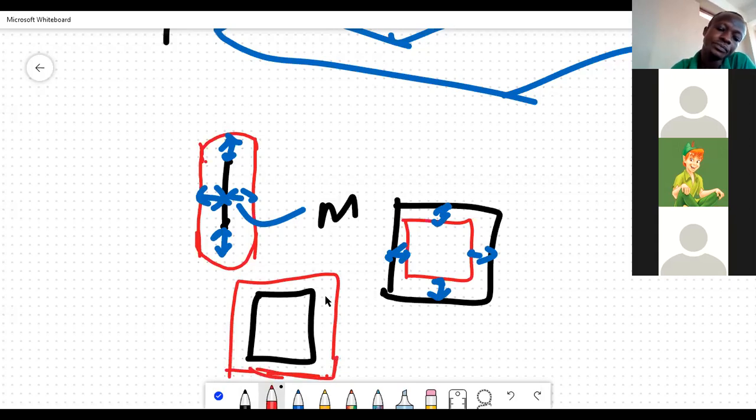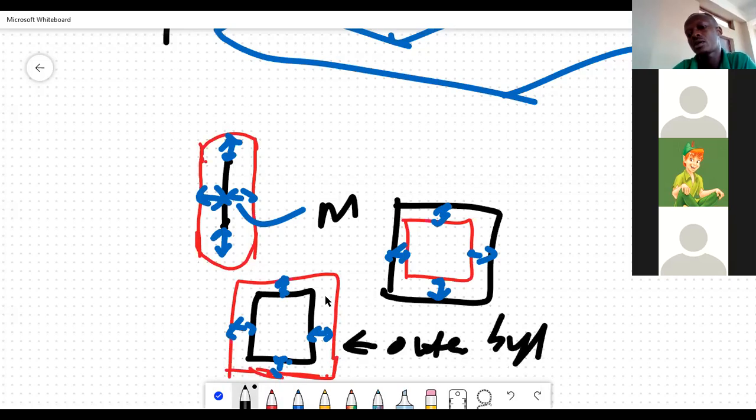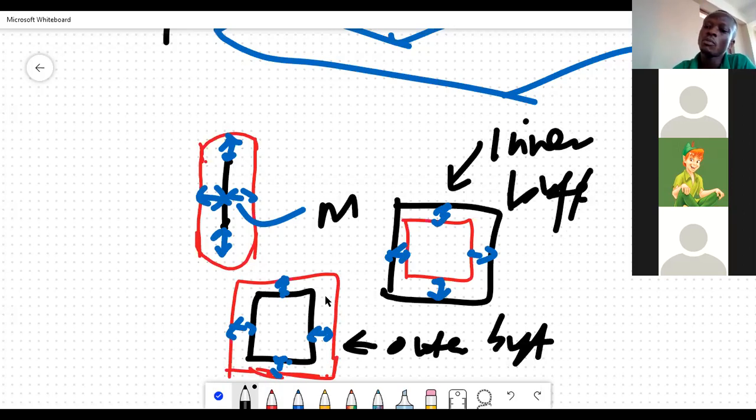Are you okay? And so we have this. The two are not the same. This one is called the outer buffer, and this one is called the inner buffer. Which one of them would you go for if you were to recommend?